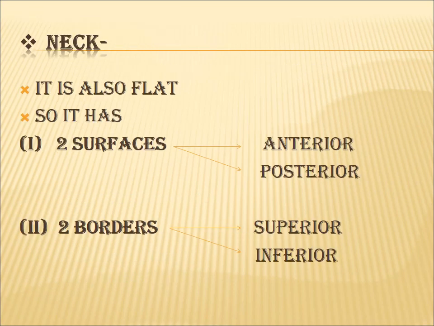Now we'll see about the neck of the pancreas. The neck of the pancreas measures about 2 cm both in width as well as in length, and it is flattened from before backwards, same as that of the head of the pancreas. It presents an anterior and a posterior surface and an upper and lower border, or superior and inferior border.